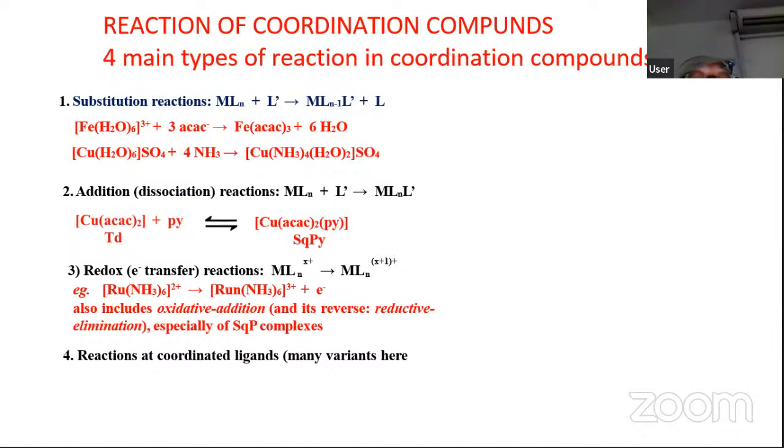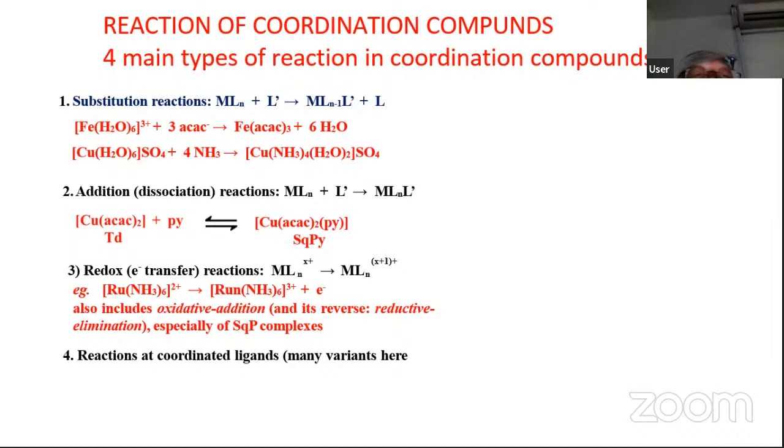So you react with ammonia. So remember, this sulfate is not in the coordination sphere. It is outside. It's a counter anion, sulfate 2-. Therefore, your copper complex must be 2 plus. Okay, so to balance with 2 minus, your copper must be copper 2 because water is neutral.